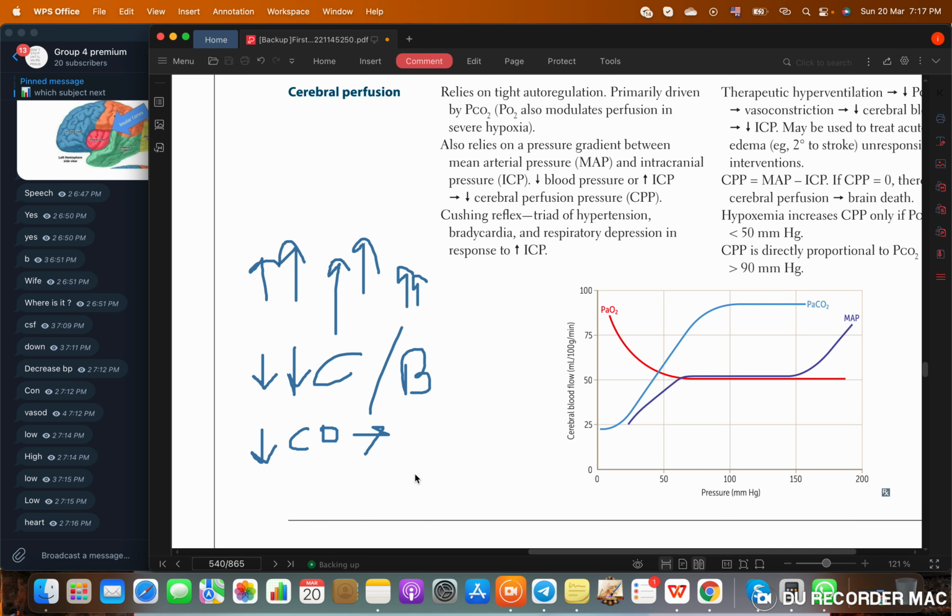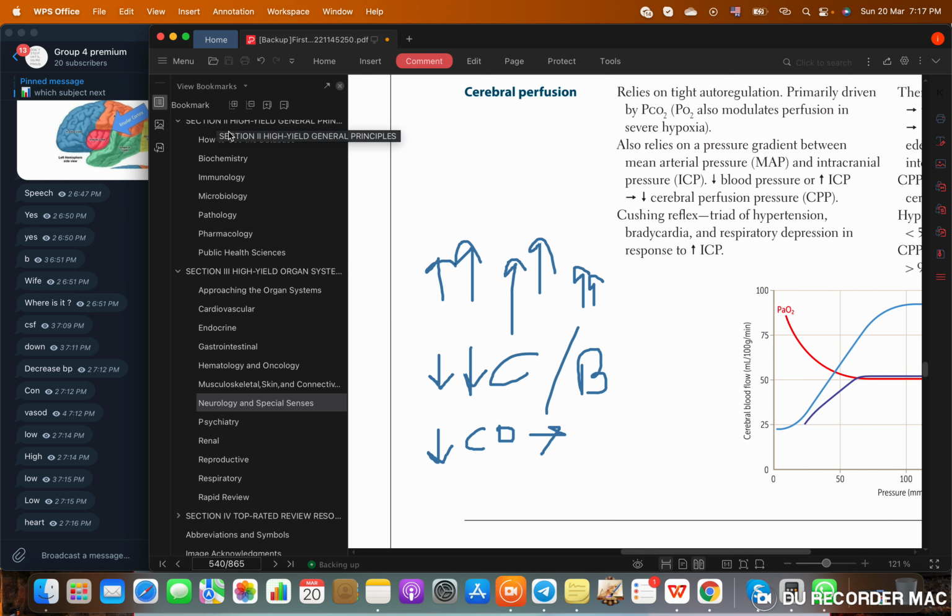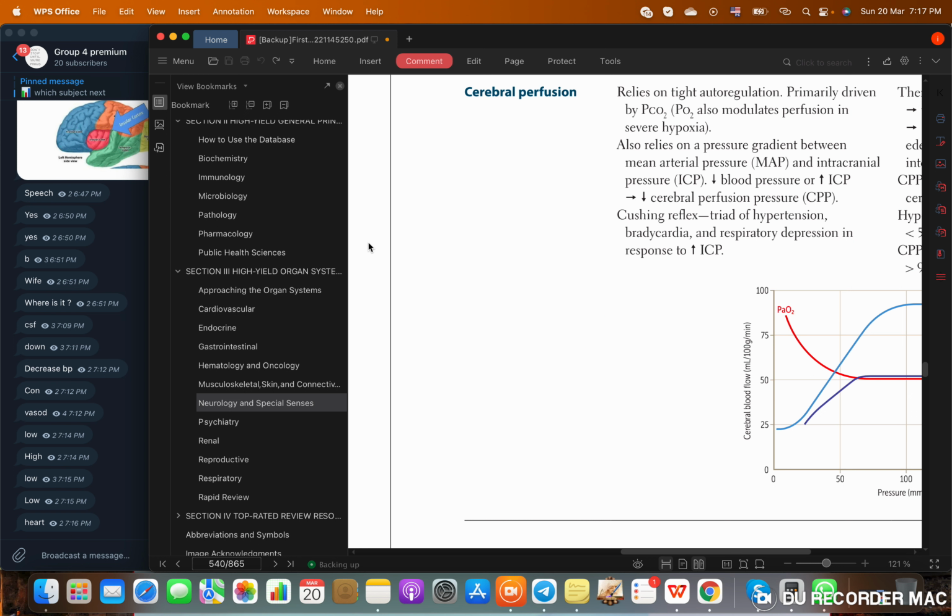So let's try to understand what I just said. First, I want you to proof check. Breathing and circulation are down because of increased intracranial pressure and compression of their centers.